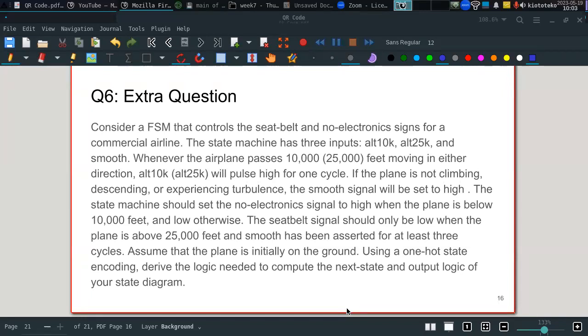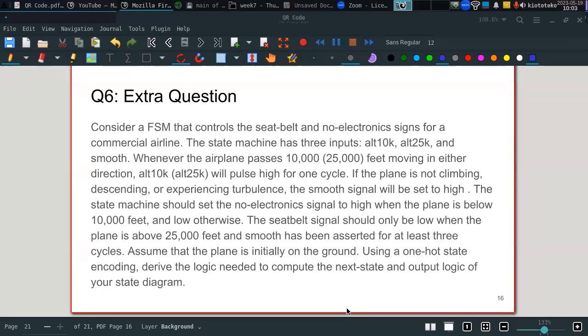The state machine has 3 inputs, alt 10K, alt 25K, and smooth. Whenever the airplane passes 10K or 25K feet, moving in either direction, alt 10K or alt 25K respectively, will pulse high for one cycle. If the plane is not climbing, descending, or experiencing turbulence, the smooth signal will be set to high.